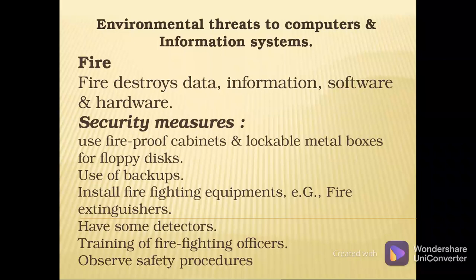Now, we can look at environmental threats to computers and information systems. One is fire. This one destroys the data, information, and also software and hardware devices. So what security measures can we use?